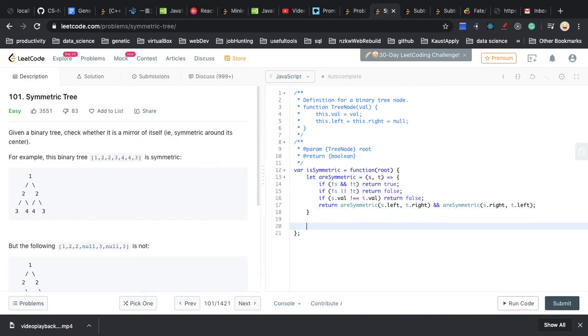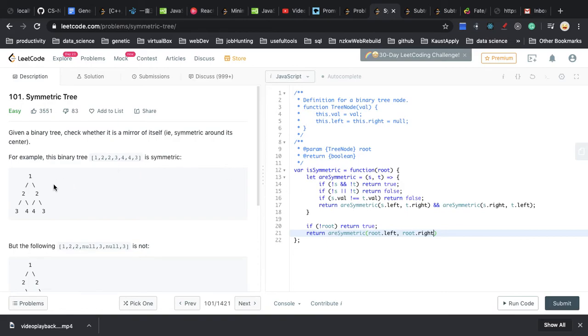First, we write an if statement for the boundary case: if root doesn't exist, we still say it's symmetric. Next, we need to call this recursive function, and it should compare root.left and root.right to find out if they are symmetric.